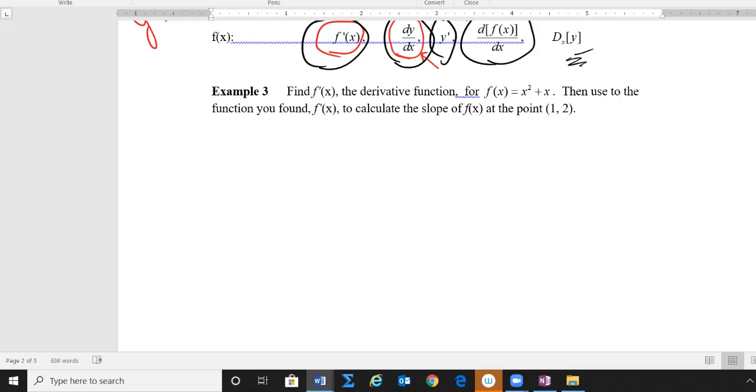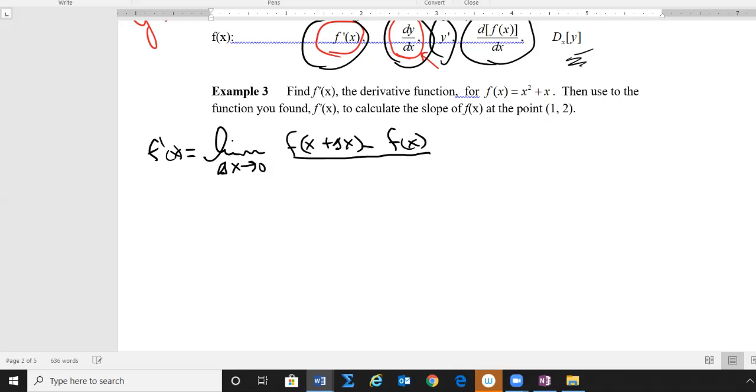Okay, so first things first, f prime of x will be equal to this limit, delta x heads to 0, of f of x plus delta x minus f of x over delta x. Now we have to do the algebra.